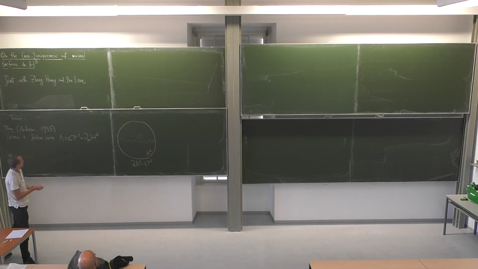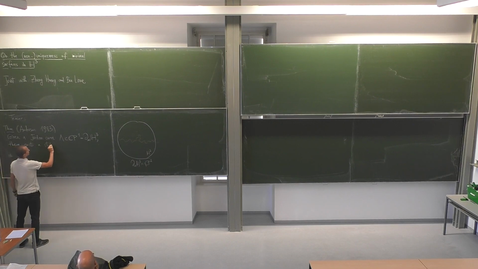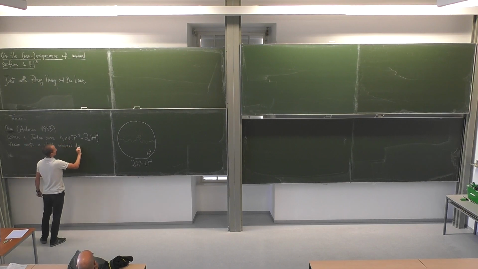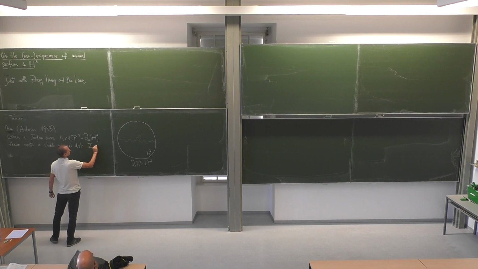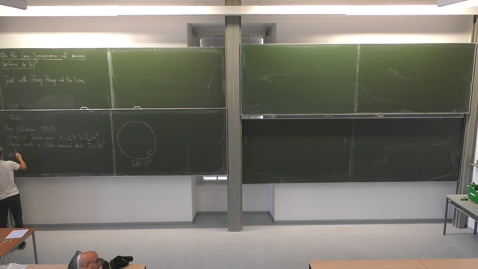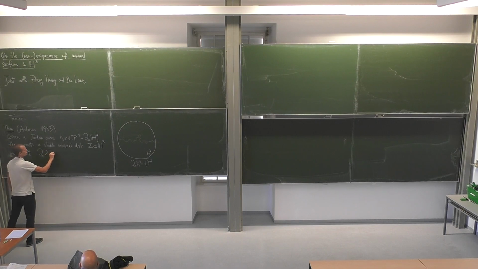And Anderson's theorem tells us that there exists in the interior of H3 a stable minimal disk sigma in H3 such that its boundary, its asymptotic boundary, so the boundary of sigma in the boundary at infinity of H3, is the Jordan curve that we have given ourselves.